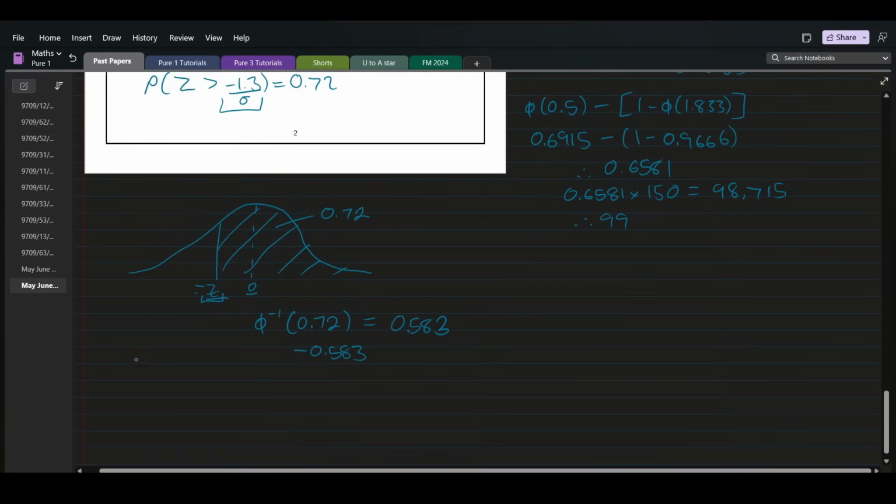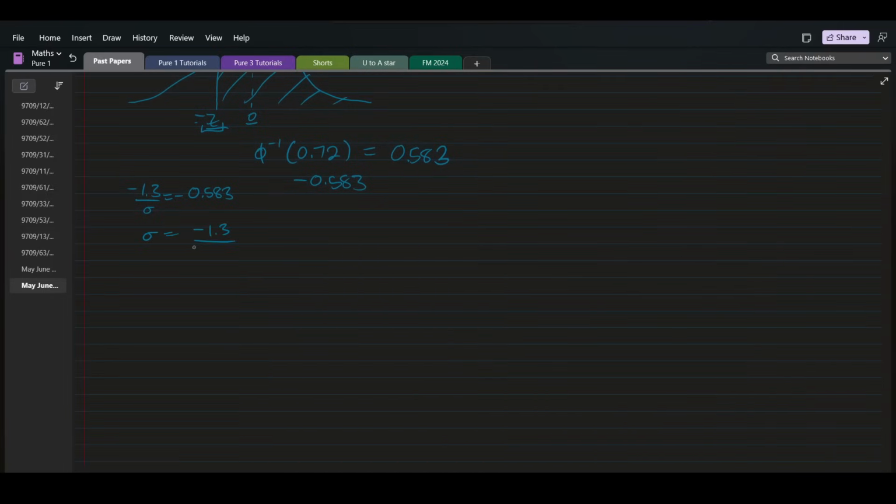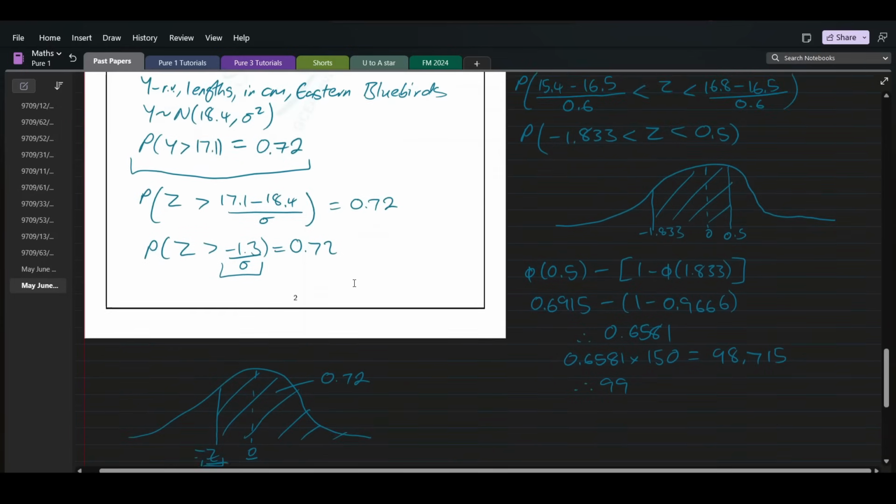So negative 1.3 over sigma is equal to negative 0.583. So that means sigma is equal to negative 1.3 over negative 0.583. If we punch this into the calculator, sigma is equal to 2.23, correct to 3 significant figures, and that would be our final answer.